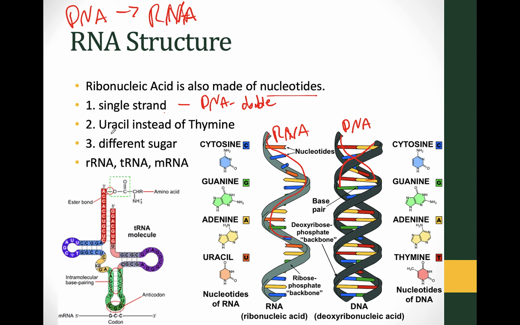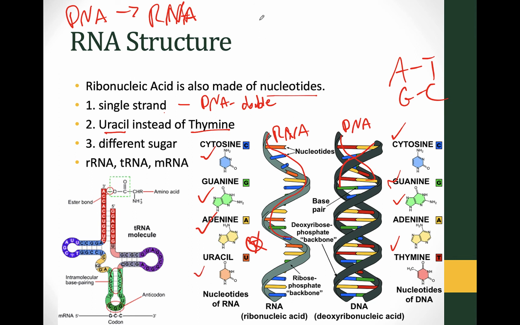We've already talked about these bases, uracil instead of thymine. So DNA has A, T, G, and C, where A bonds with T and G bonds with C. RNA has C, it has G, and it has A, but instead of T, it has U, uracil.